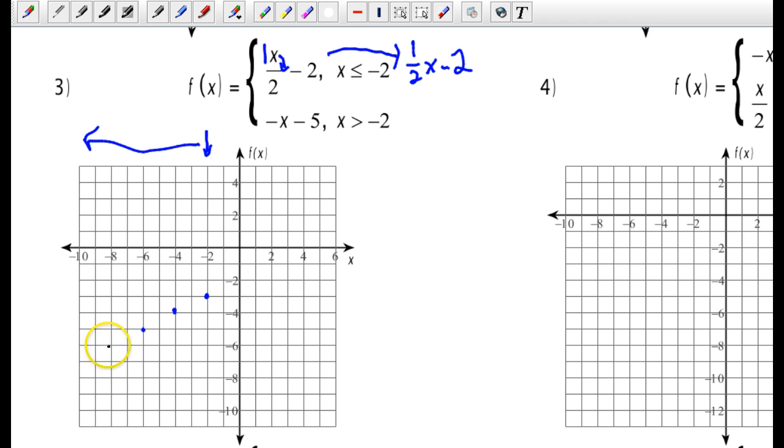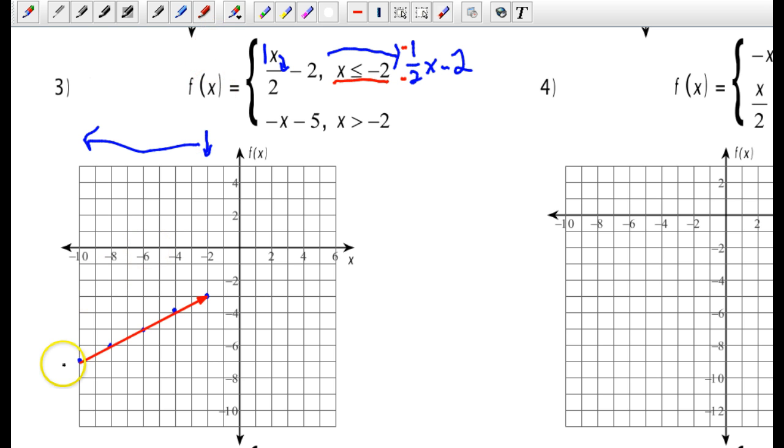So you can see our habits would have us put a dot right here on negative 2 on the y-intercept, but remember we only want to graph this to the left of negative 2, so we don't want to put that dot. So you notice also how I had to change the slope to negative 1 over negative 2. I had to go down 1, left 2 to get to the place that is to the left of negative 2. Okay, there you go.